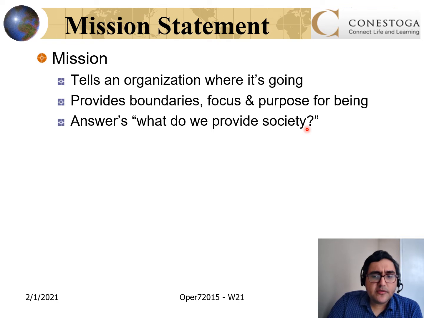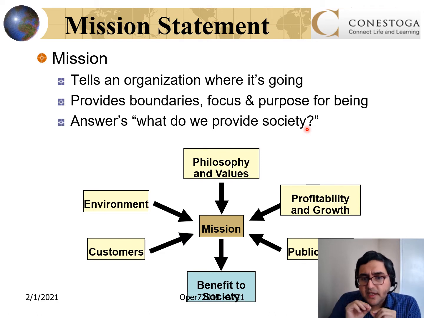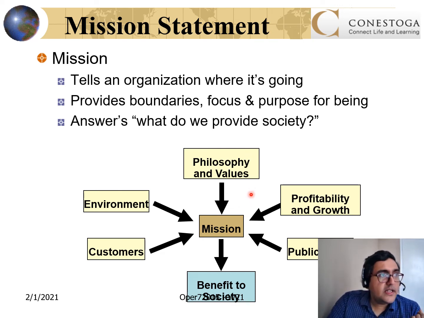So if you are searching for examples of, say, Apple or Walmart or anything, it's very important to understand that the mission statement has to do a lot of things. It tells what's the value system of the company. What is it that the company really values? Is it the profit, or is it innovation, or what is it that the company is valuing?